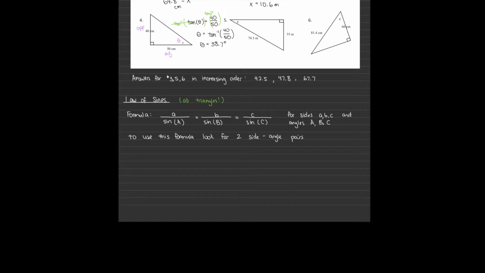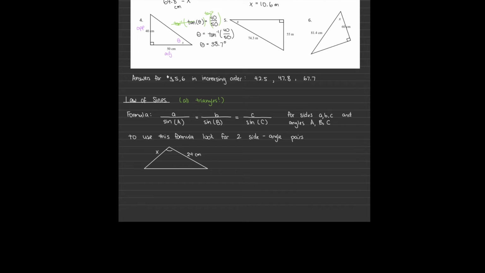But what does that actually look like? So let's see an example. Draw a triangle. And again, this is not a right triangle. Let's say we are looking for side x. We know that this other side is 24 centimeters.